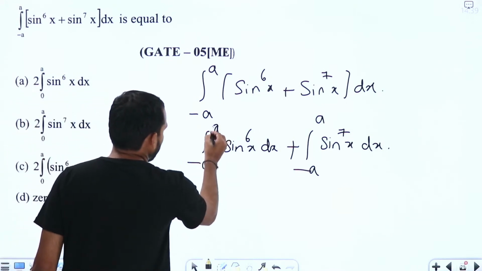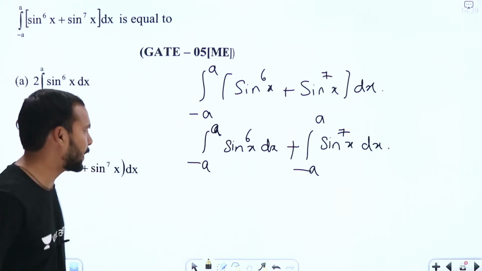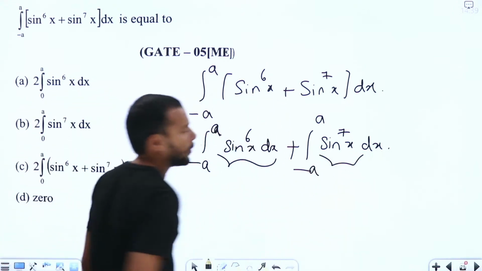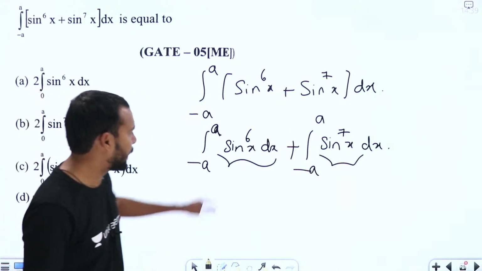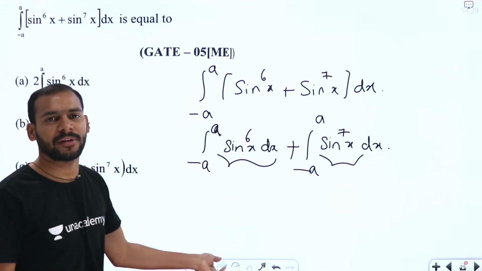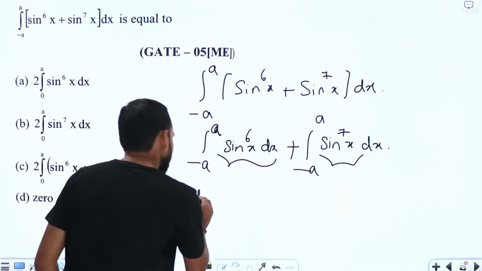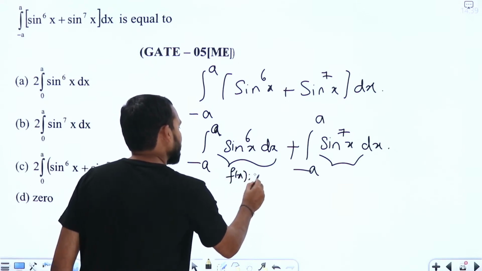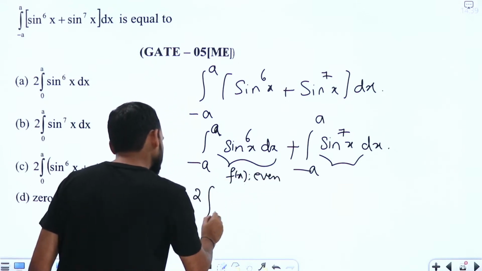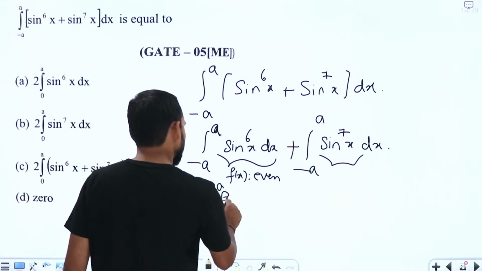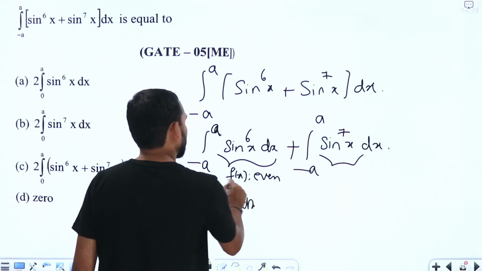Now again the limits minus a to a are there, which means we have to check whether this function is even or odd. If you try to see here, sin x is an odd function, but sin^6 x is going to be an even function, right? So we can write this as 2 times the integral from 0 to a of f(x) dx.